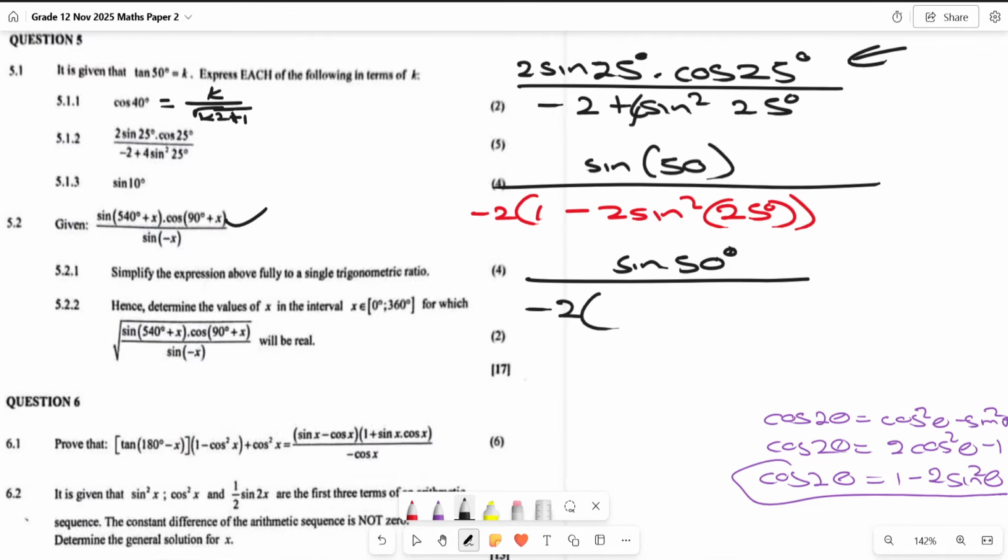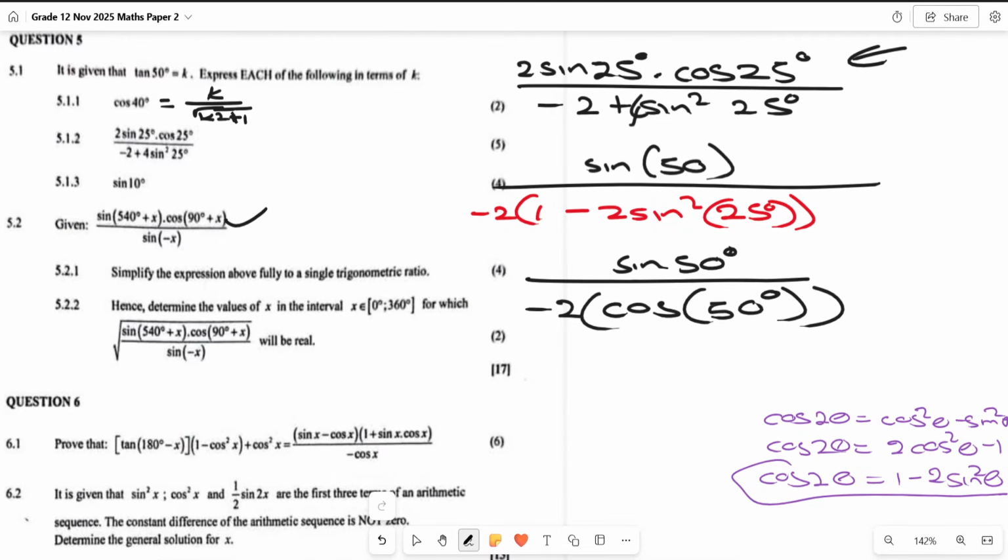So we are going to multiply this angle by 2. Basically, we're just going to say cos 2 times 25, which is going to be 50 degrees. We close that.